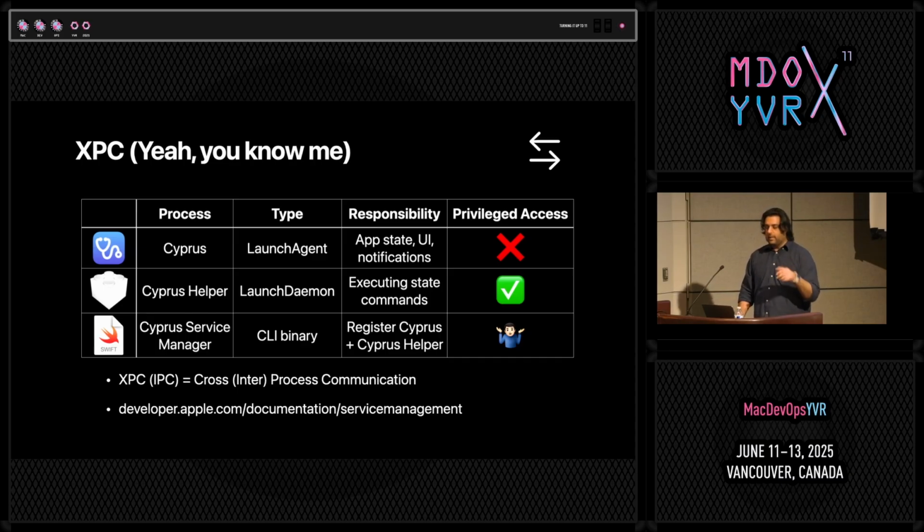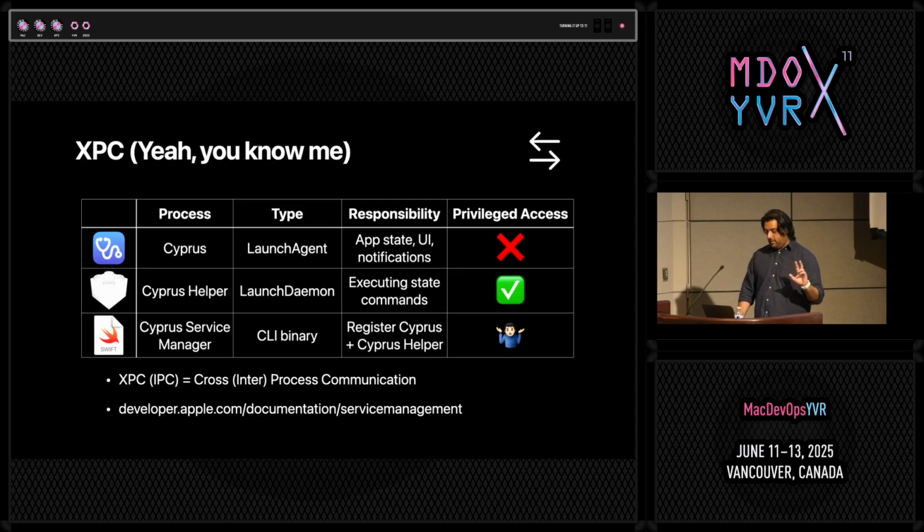And those are those commands that are defined in the states that I mentioned. It processes the incoming request and returns a response back to the Cypress process. The Cypress helper has been configured to only receive messages from the Cypress process and nothing else. So in theory, you can't just talk to the daemon and do whatever you want.